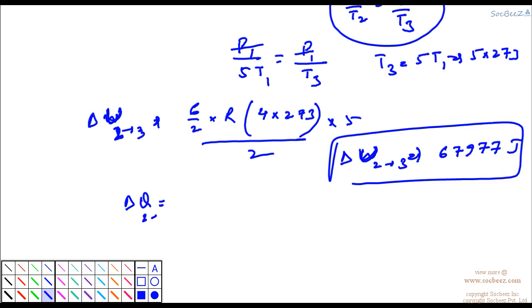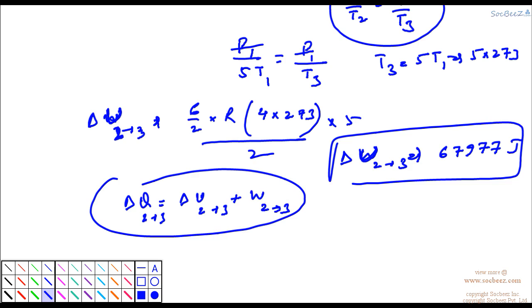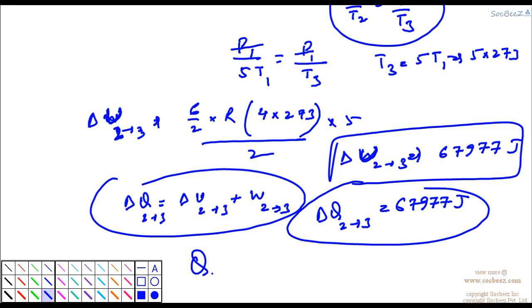So this was basically equals to delta Q for 2 to 3 process, because isochoric does not have a work contribution in the energy. So we get the value for delta Q for 2 to 3 as 67977 joules. So now we can find the total energy input from 1 to 3, which is nothing but the summation of both the processes heat input.